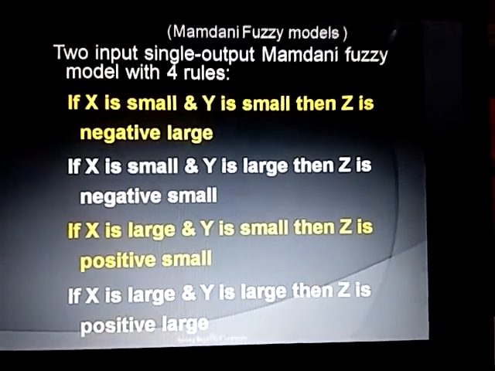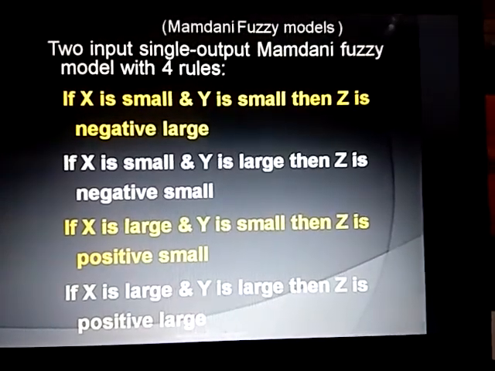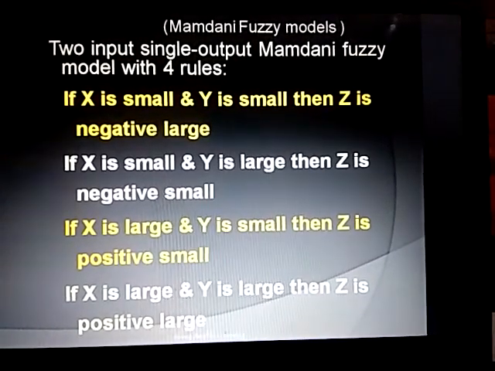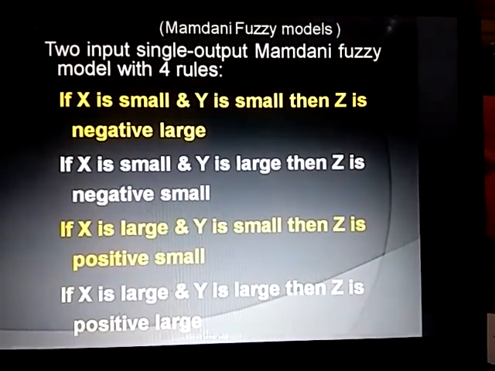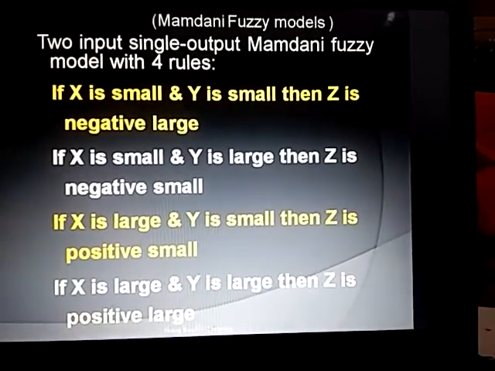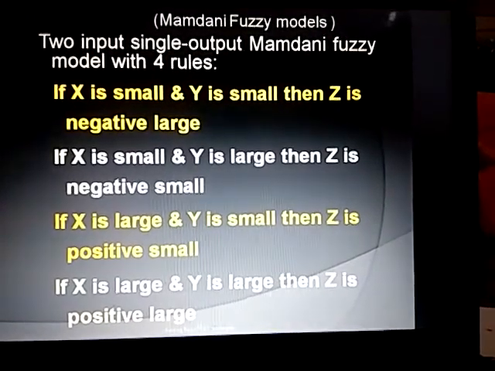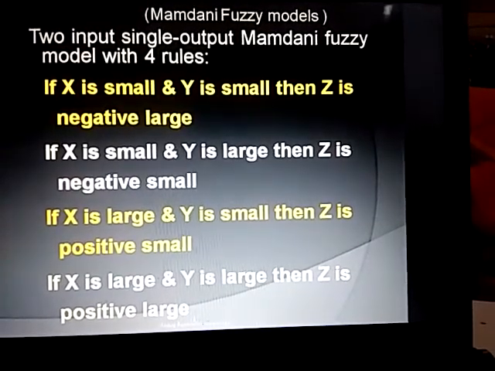Here we can take the example of the Mamdani fuzzy model, where we have a two-input and single-output Mamdani fuzzy model with four rules. If x is small and y is small, then z is negative large. If x is small and y is large, then z is negative small.